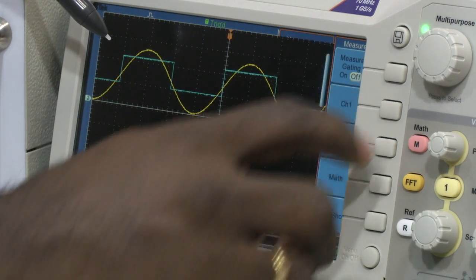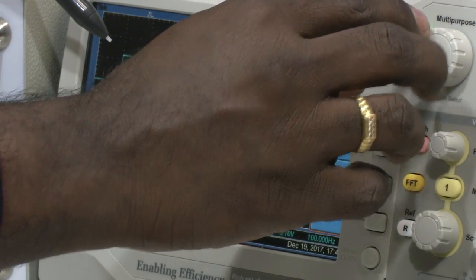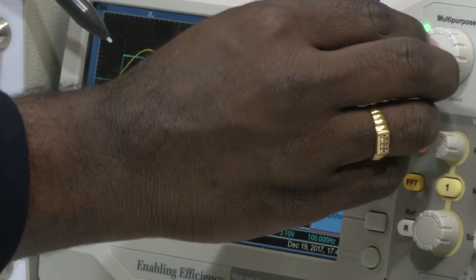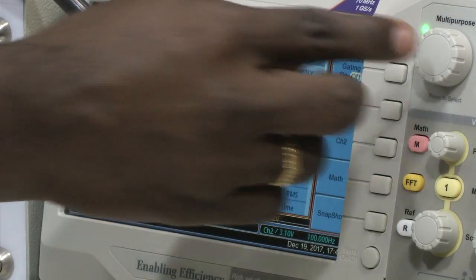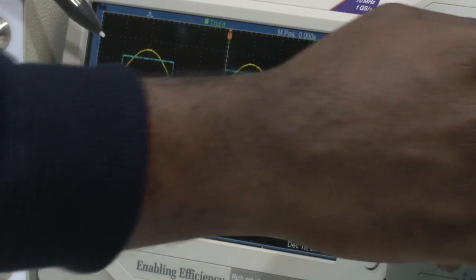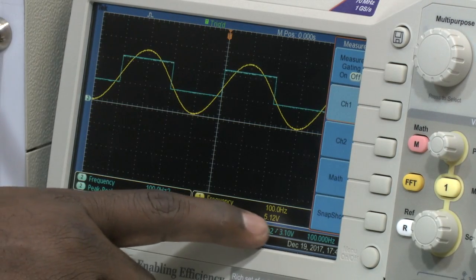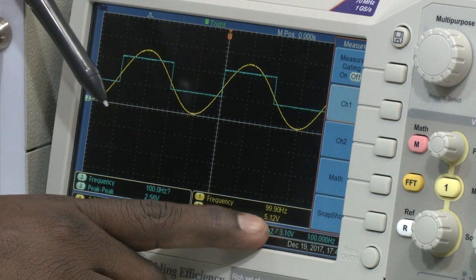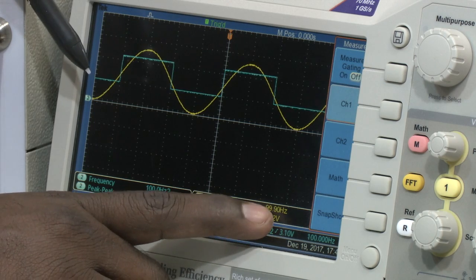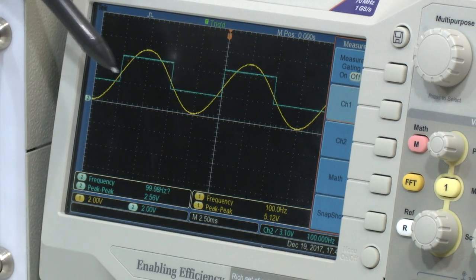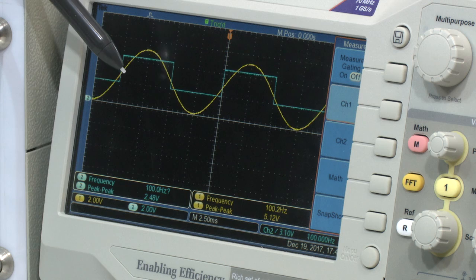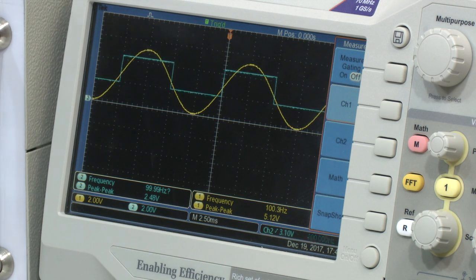Is it 2 volts, input signal? Okay. So, 5.2 volts and 100 hertz, right. So, input signal was 5.2 volts, we all remember, because it was 5.2 volts, that is why LED is on, otherwise LED will be off.